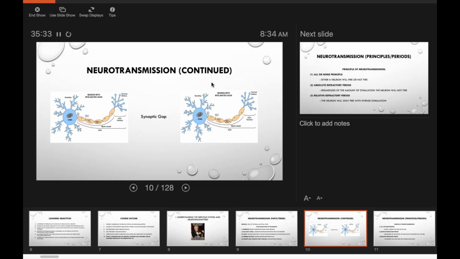Okay. So this is where problems occur, why people need to take medication. So sometimes what happens is we release the neurotransmitter into the synaptic gap, and it gets sucked back into its own terminal buttons.